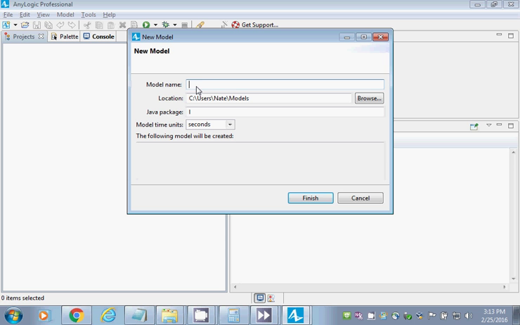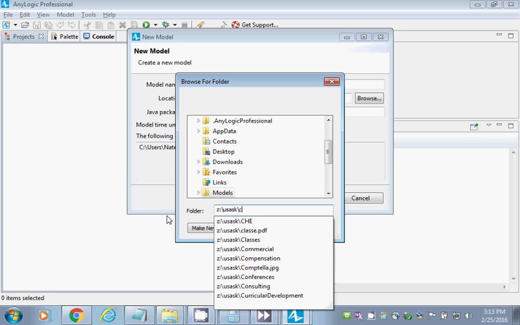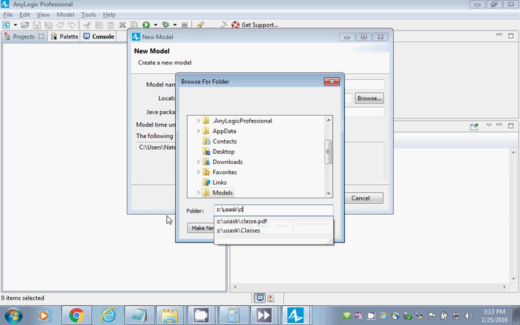Okay, and I'm going to put this in my normal place. There we go. Okay, and the model time units here will be years. Okay, years, and we're going to say finish.